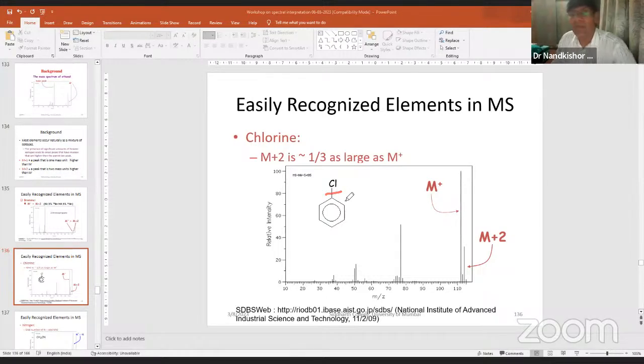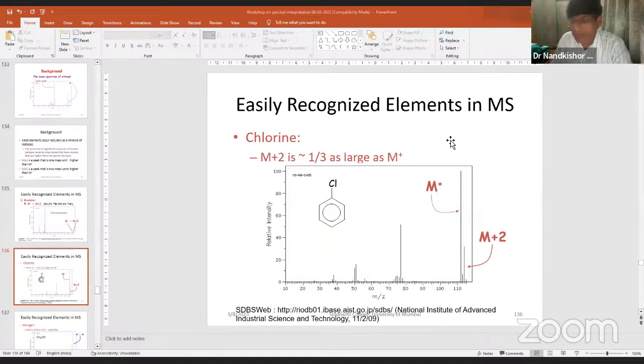If this is cleaved, you get the aromatic peak, so this 77 is the aromatic peak. The chlorobenzene mass spectrum looks like this. There are two M+ values: one is isotopic, the other is the base molecular ion peak.